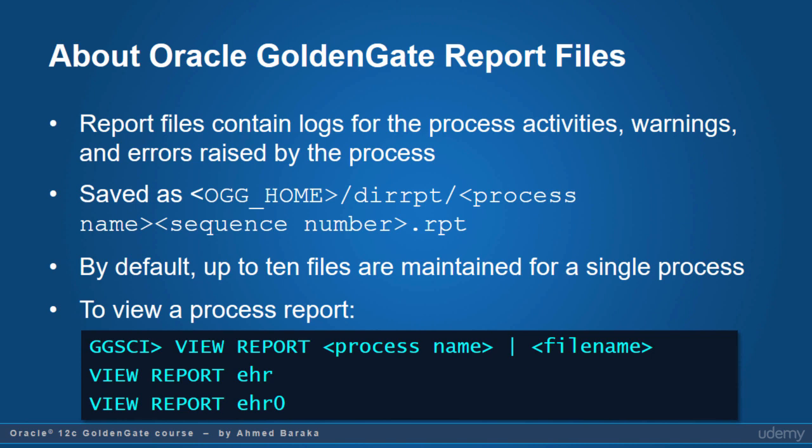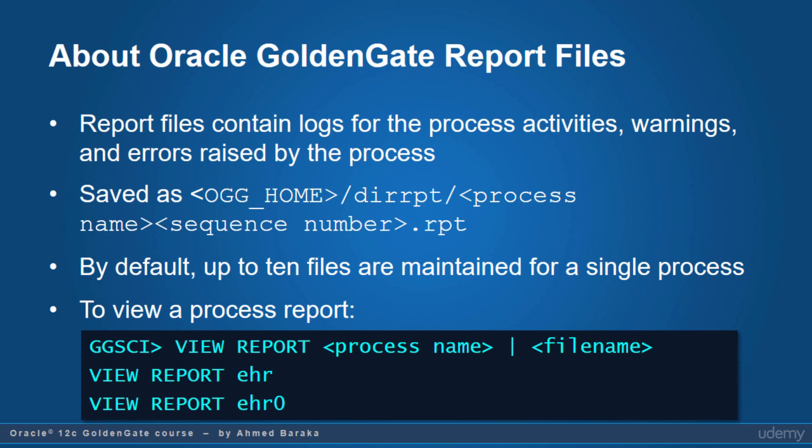If you want to review a process report, you can use the VIEW REPORT command followed by the process name. The command will display the most recently generated report, or the current report. This is the report that has been generated by the process since the last time it started up.